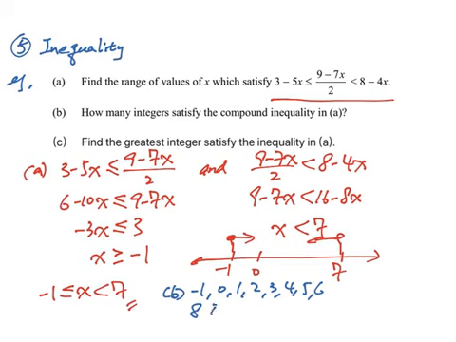So there are 8 integers. The last one, part C, find the greatest integer that satisfies the inequality in A. So the greatest integer is here because x is not equal to 7. So that means the greatest integer is 6.